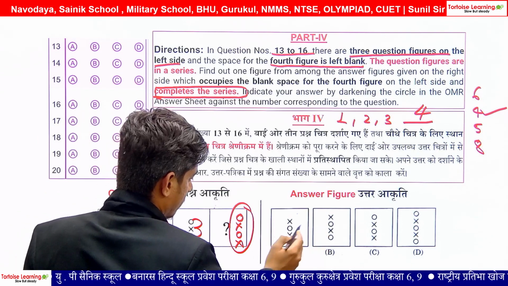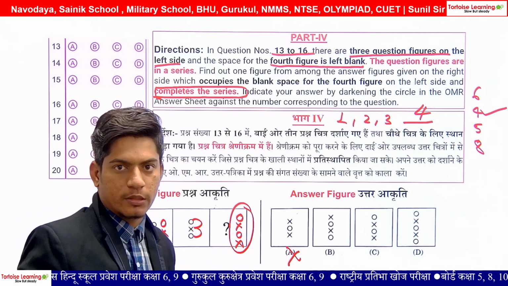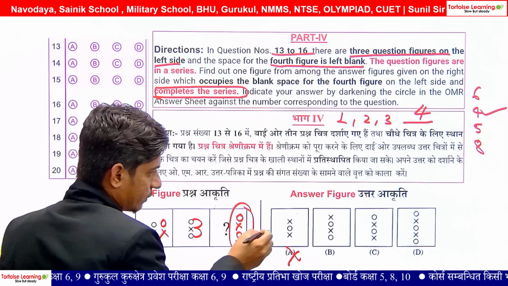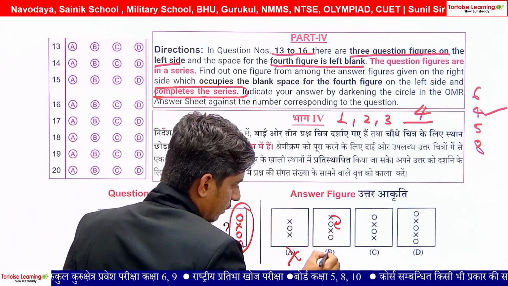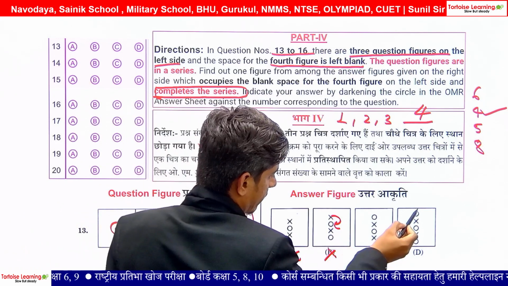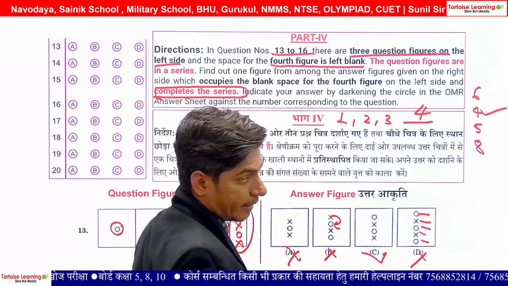If you look at this, these options are quite confusing, because this is circle and cross, but this is cross and circle, so this will also be wrong, and this is our correct answer. This one, 1, 2, 3, 4, 5, is wrong. This can be the next option.